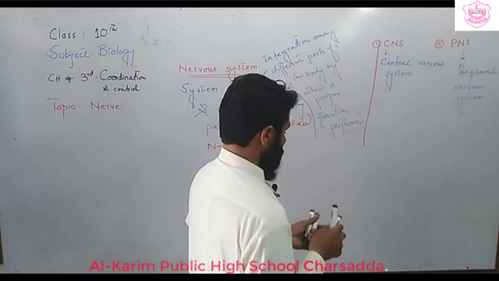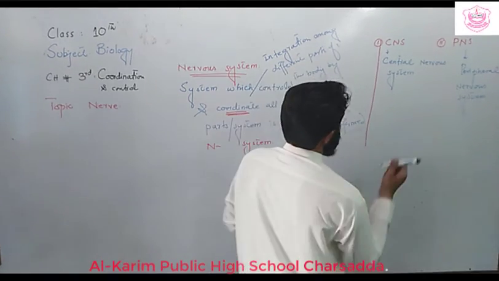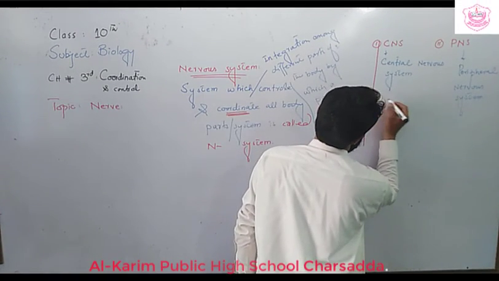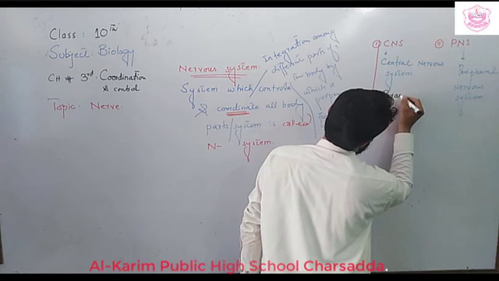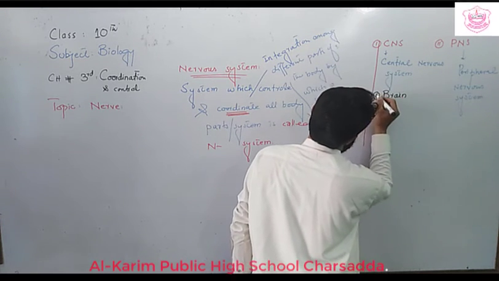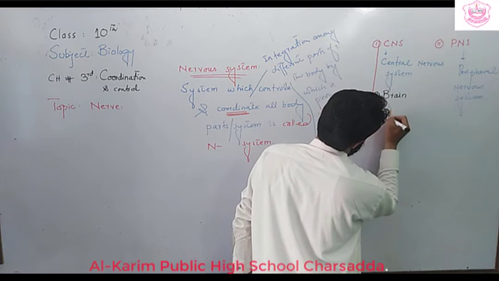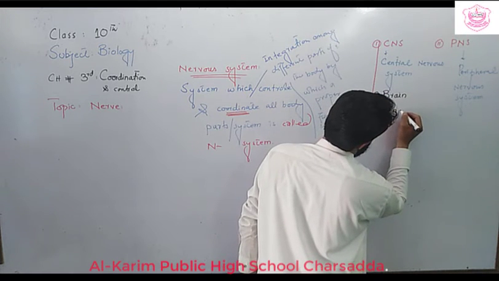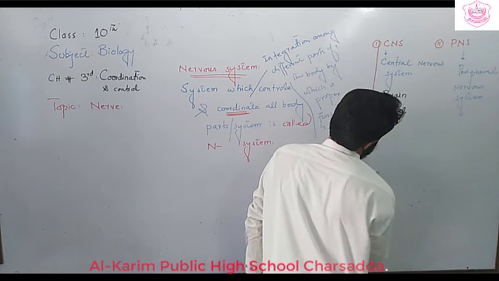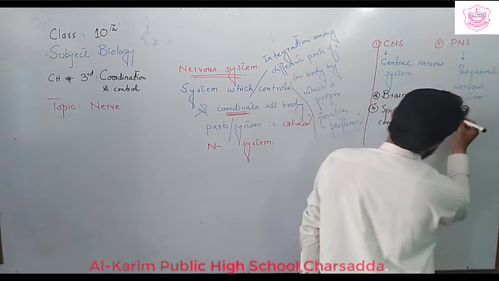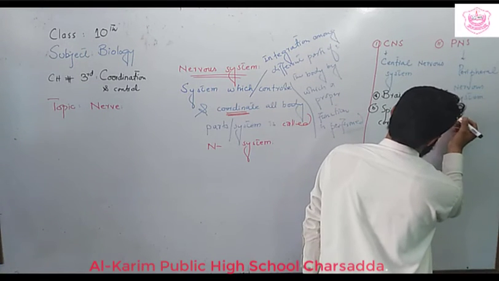Okay, the central nervous system consists of two parts. First one, brain. Second one is spinal cord. The peripheral nervous system consists of two nerves.